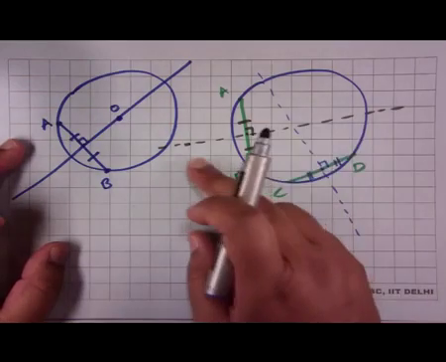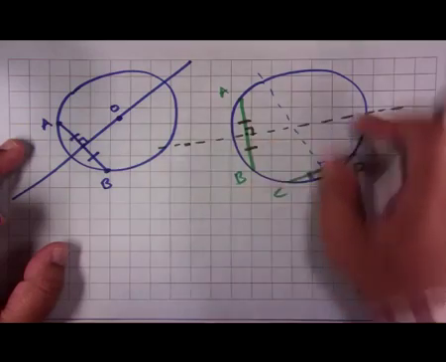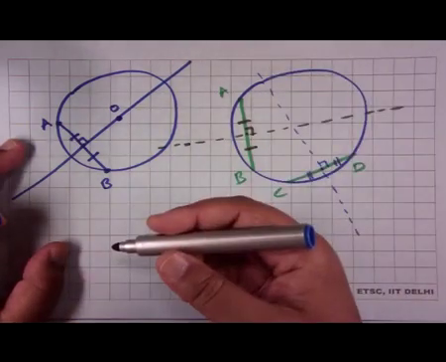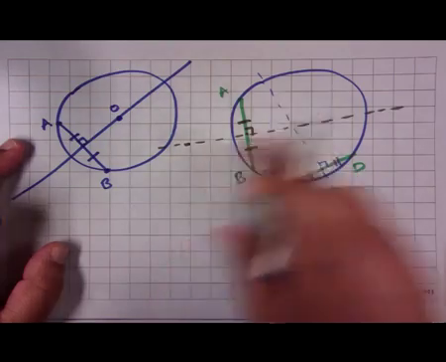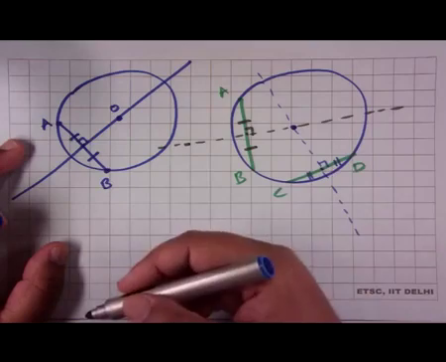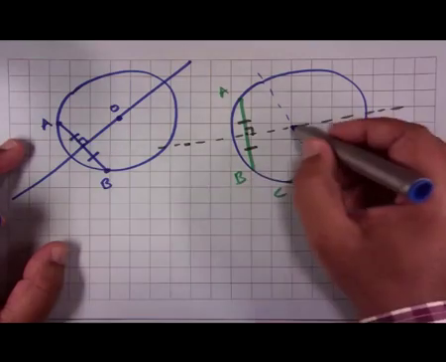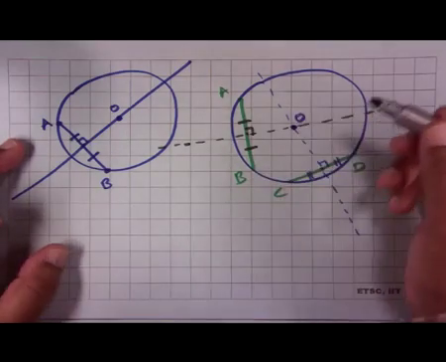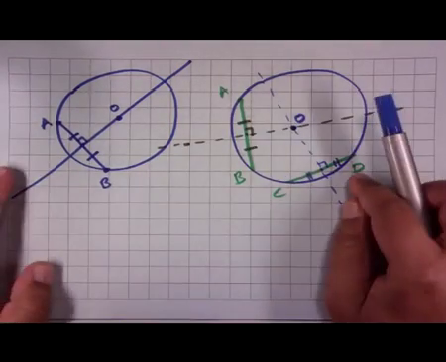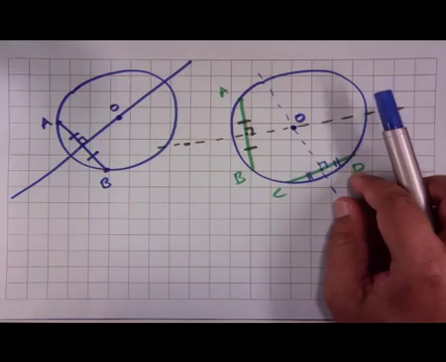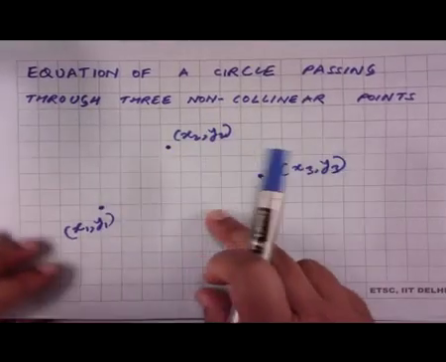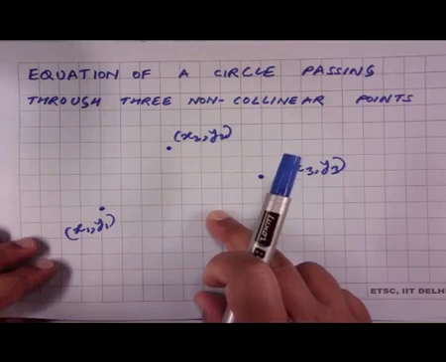Since the center must lie on both this black dotted line and the blue dotted line, and these two lines intersect exactly in one place, which is here, we are sure that this point of intersection is the center of this circle. So, this is the basic idea that we are going to use here to first find the center of the circle.